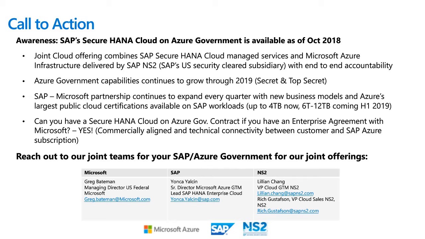Second, Microsoft Azure Government will grow several capabilities through 2019, including Secret Cloud and Top Secret. Our partnership overall continues to expand every quarter, both in terms of new business models through our ecosystem and availability of our joint intelligent technologies, as well as SAP's own intelligent technologies and largest certifications on SAP workloads.